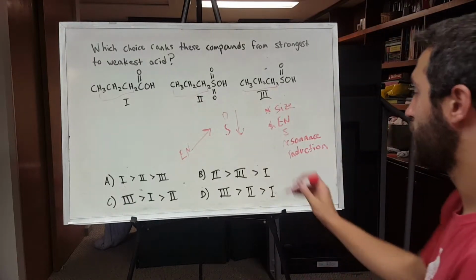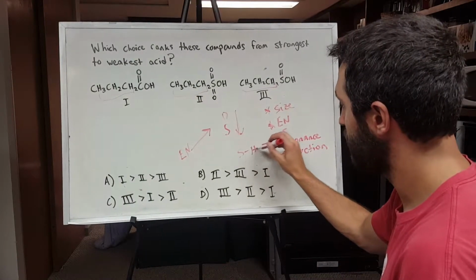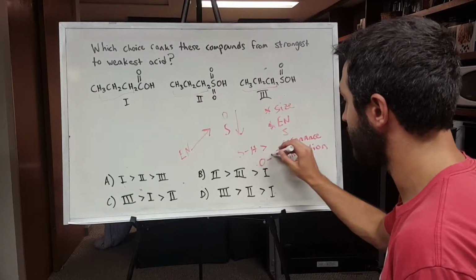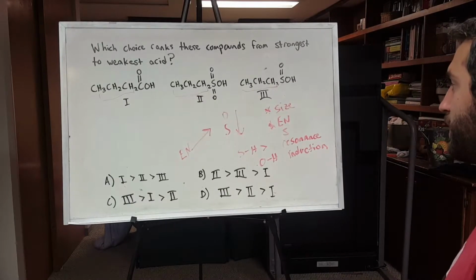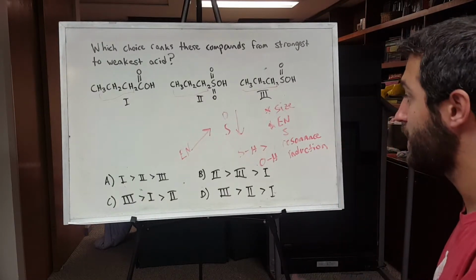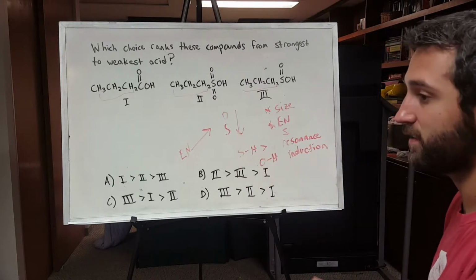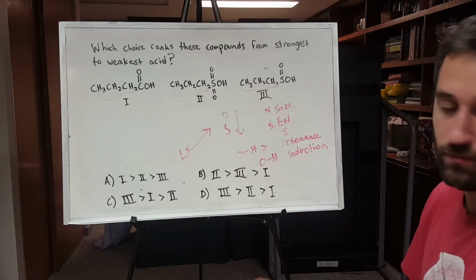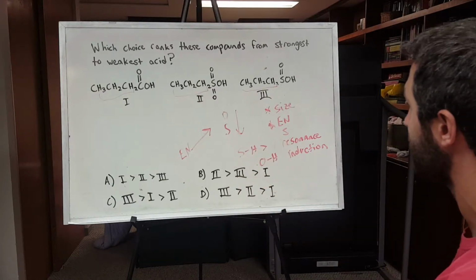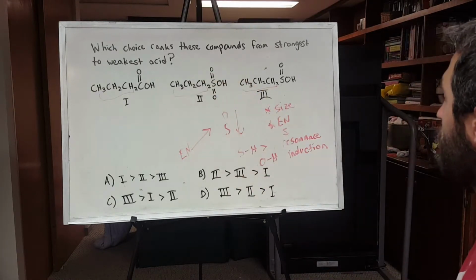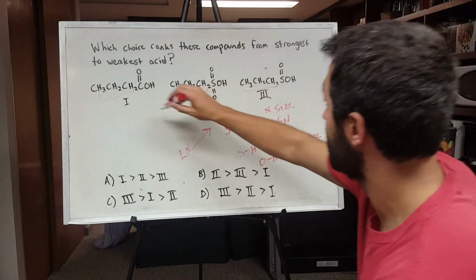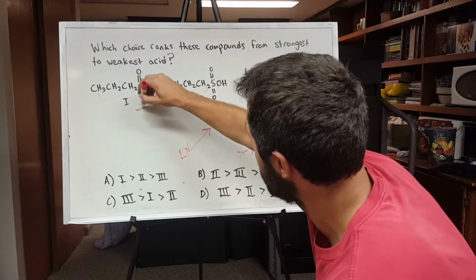So SH is more acidic than OH, because S is a larger atom, which helps stabilize the negative charge of the conjugate base. The negative charge has more room to stretch out across an atom with a larger radius. So S is going to be greater than O, and this will be the weakest, number 3.